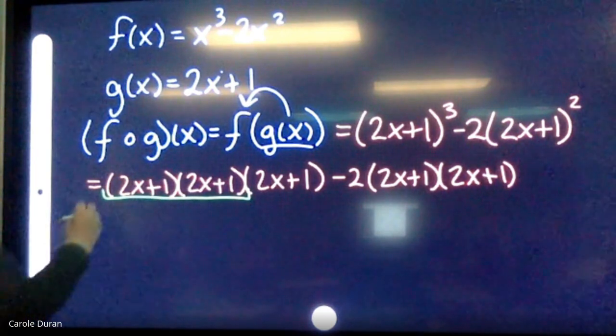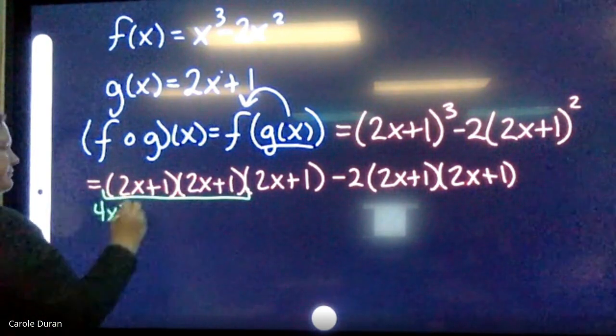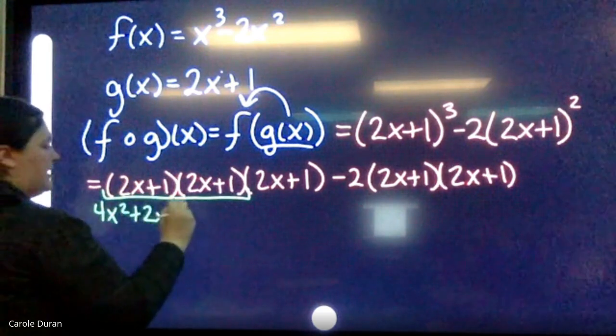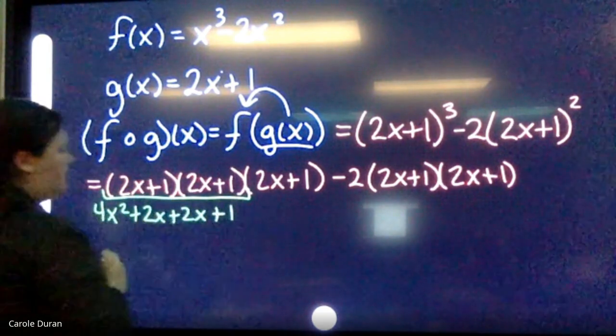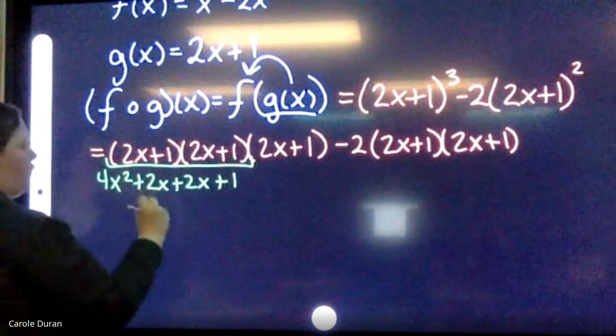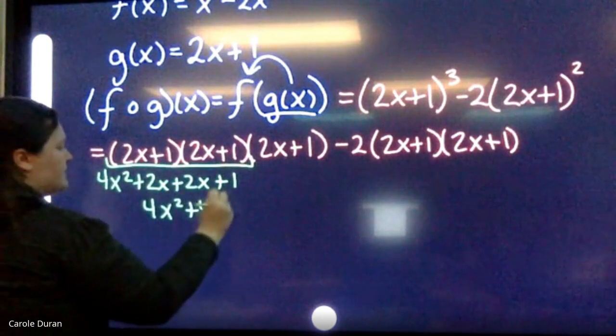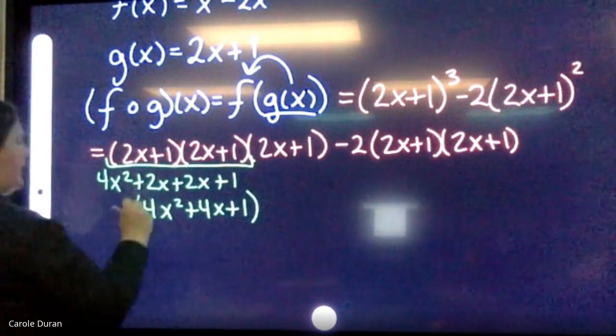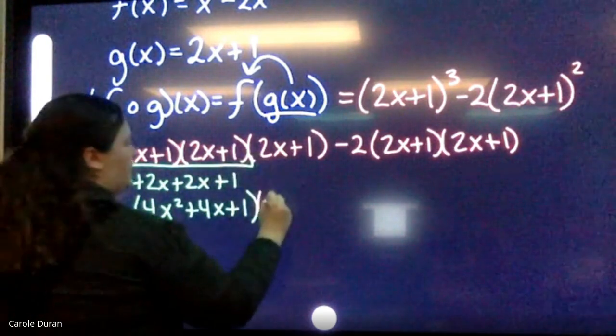When I FOIL this, I get 4x squared plus 2x plus 2x plus 1. Of course, I can simplify that into 4x squared plus 4x plus 1. And then I'm going to multiply that by the 2x plus 1 that's left.